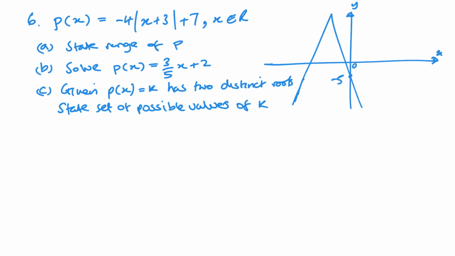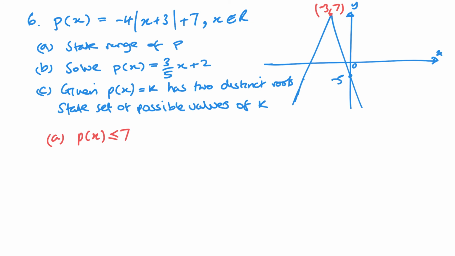Final question. So state the range of p. Well, we know this coordinate is minus 3, 7 from our graph. So our range has got to be p of x is less than or equal to 7.